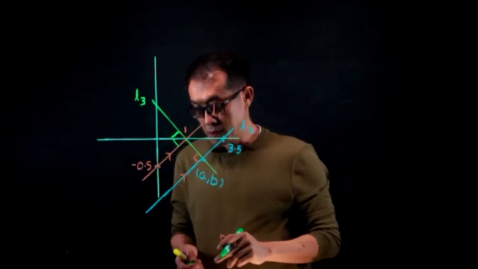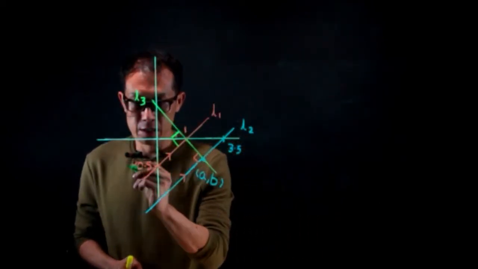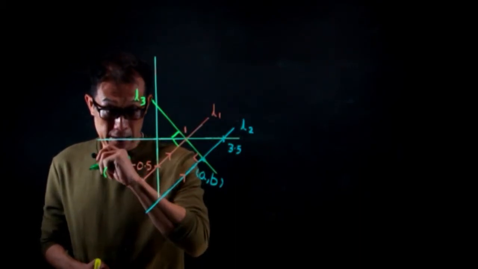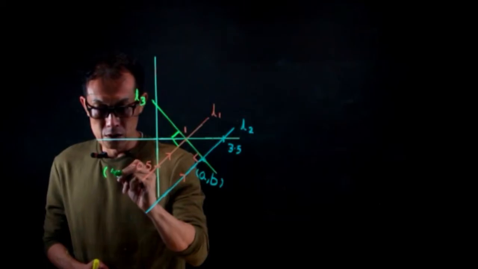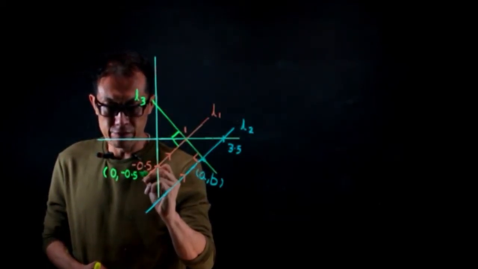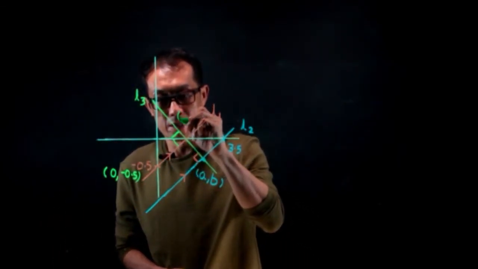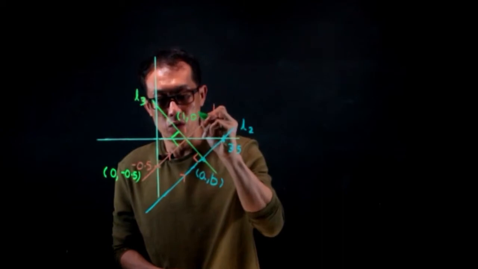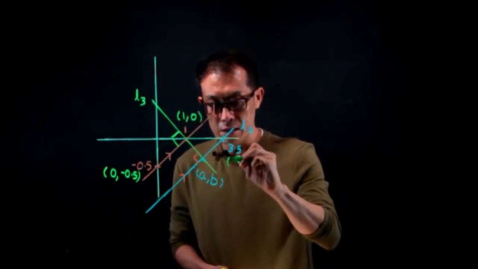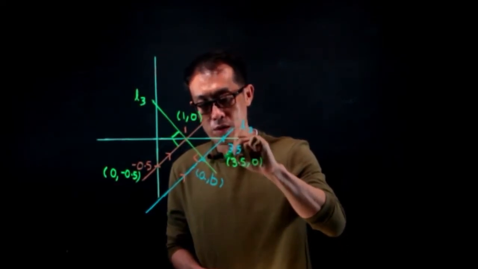Now let's write the coordinates of these 2 points first. This is x is 0, so 0, minus 0.5. Now what's the coordinates of this point? This is 1, 0. How about this? This is 3.5, 0.